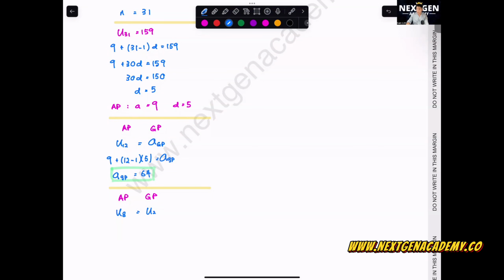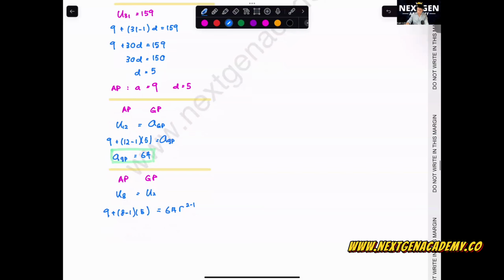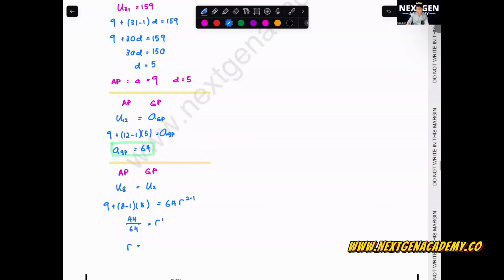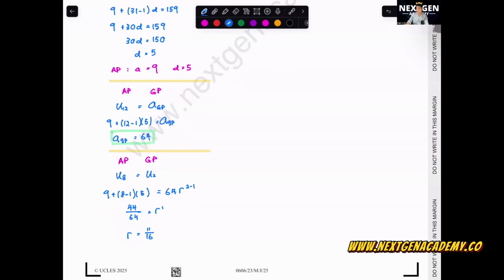So U8, A plus (n minus 1)d, equals AR to the power of n minus 1, which is 64R to the power of 2 minus 1. On the left-hand side, we get 9 plus 7 times 5, which is 44, over 64 equals R to the power of 1. You can just write R. So R will be equal to 11 over 16.